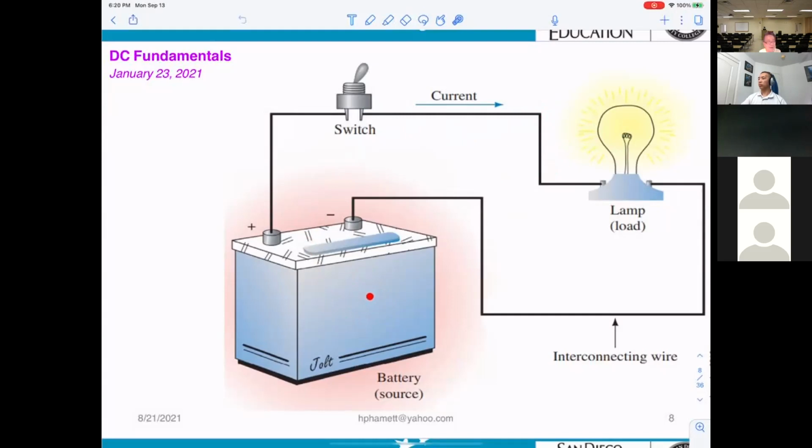Okay? And if you turn your light on, then the voltage on the other side must be less than 12 volt. Okay? So that is very, very basic for the DC circuit.